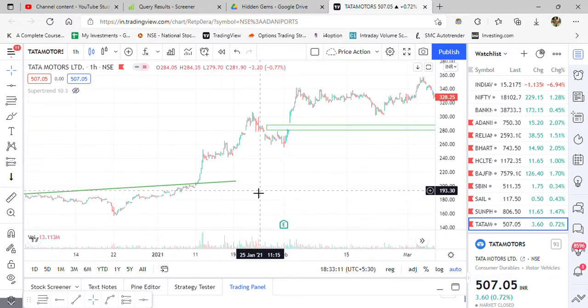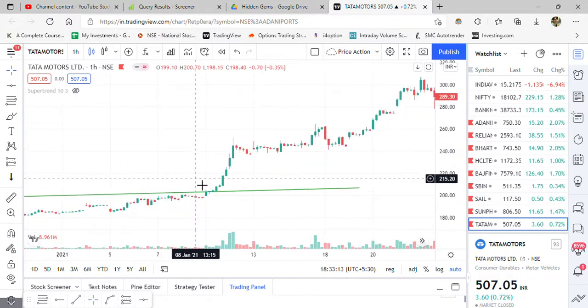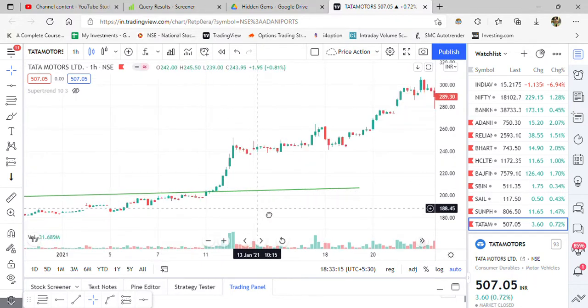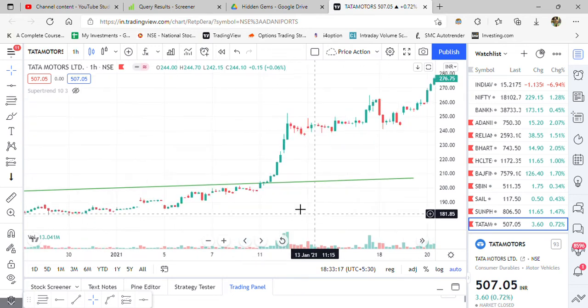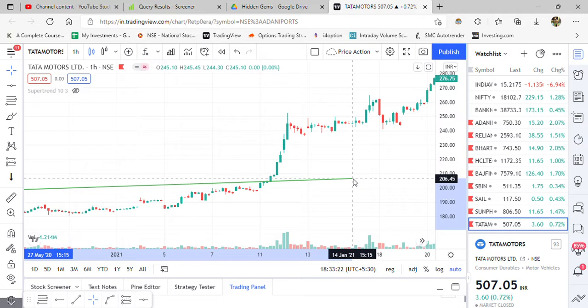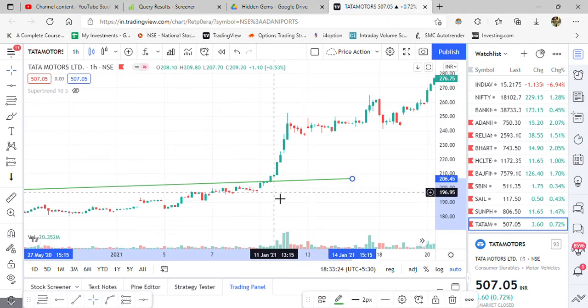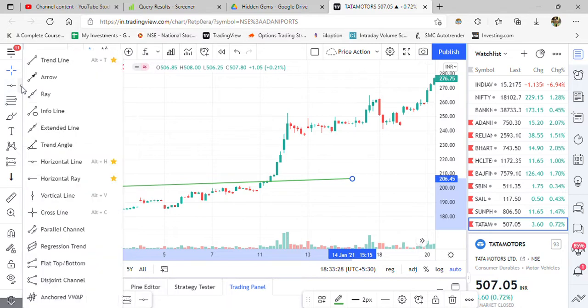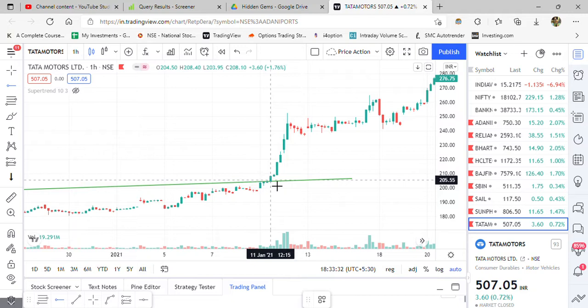So let's take this example. This is hourly time frame of Tata Motors. So if the breakout has been given here, what you can do, after the breakout, you can wait for the confirmation to touch it, but in this case it has not touched back.